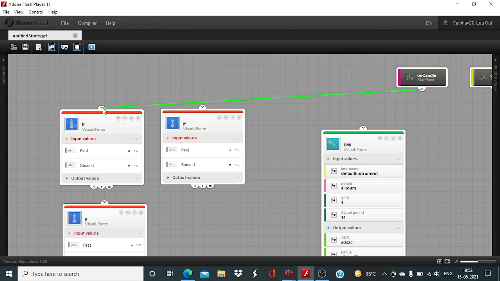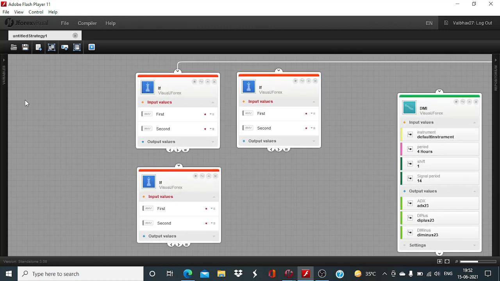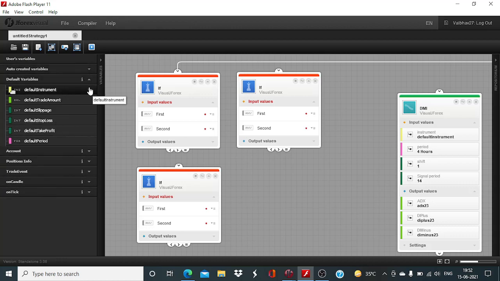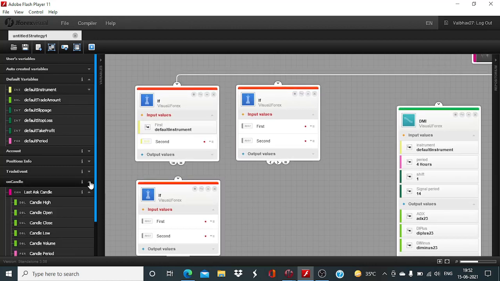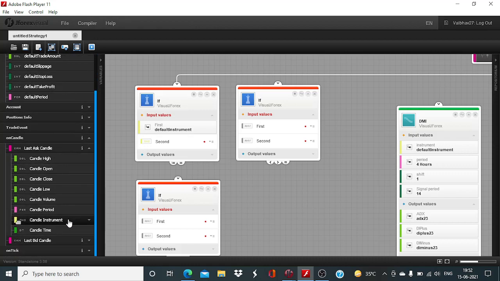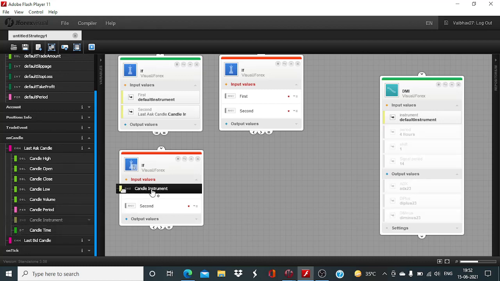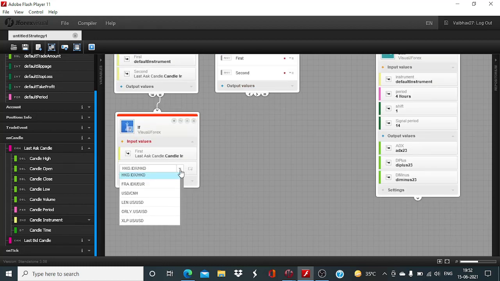On candle will be the start point, and instrument subscription needs to be done. The instrument of choice for this session is Euro USD. Default instrument should match the on candle instrument, and then the candle instrument should match the instrument of choice, which is going to be Euro USD for us.